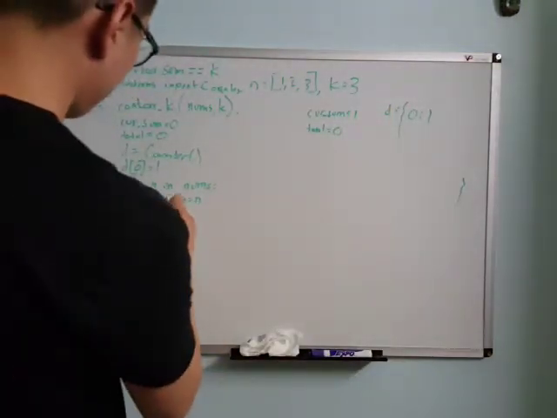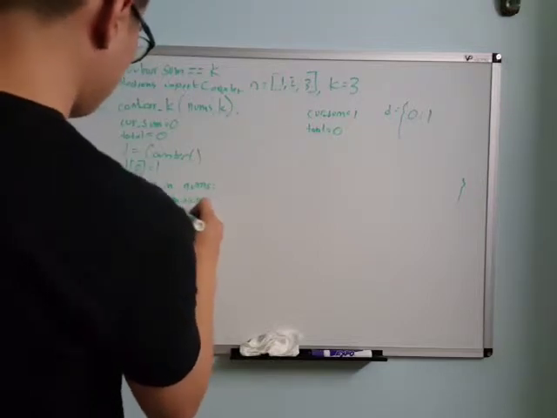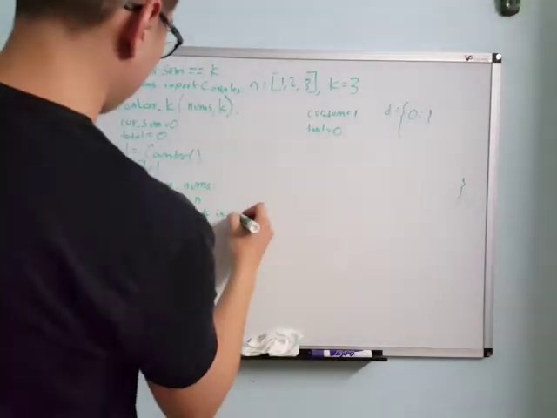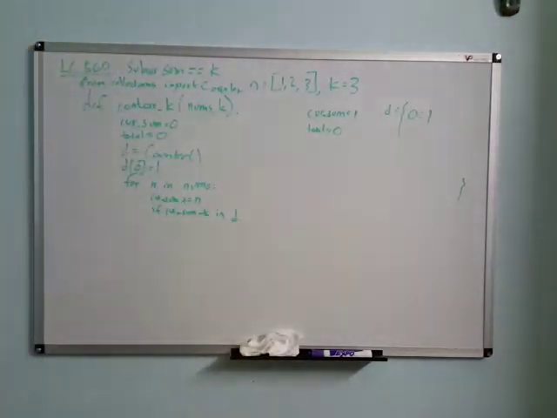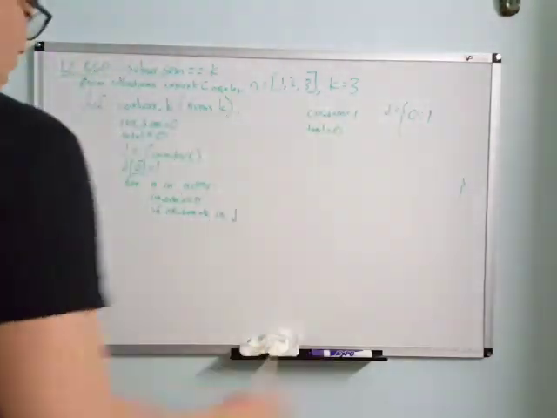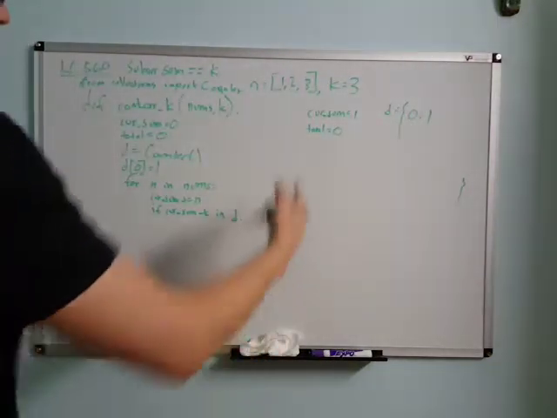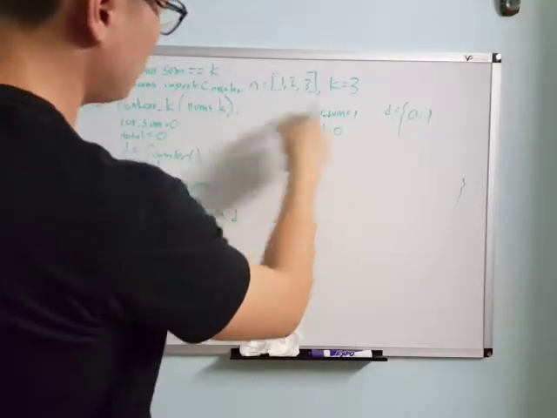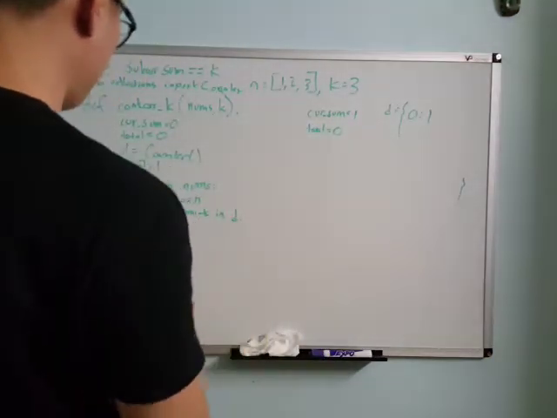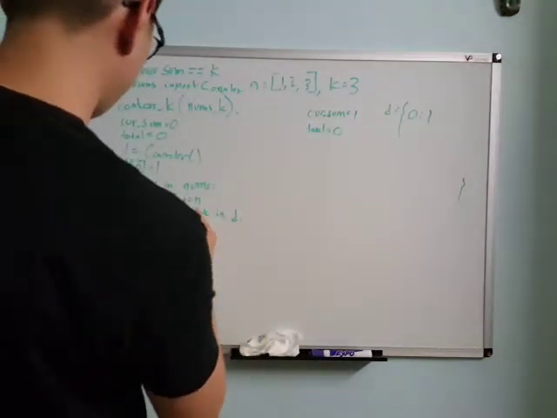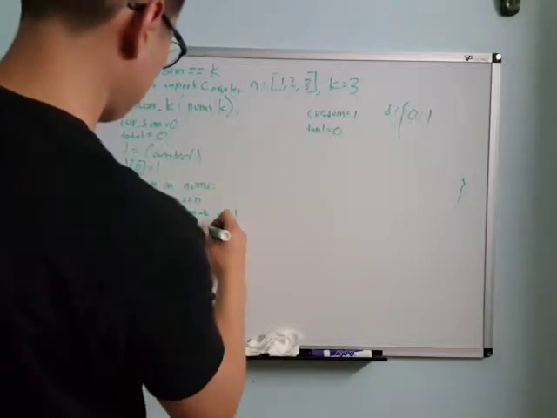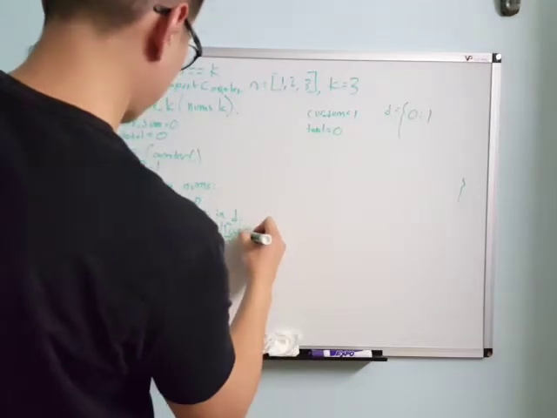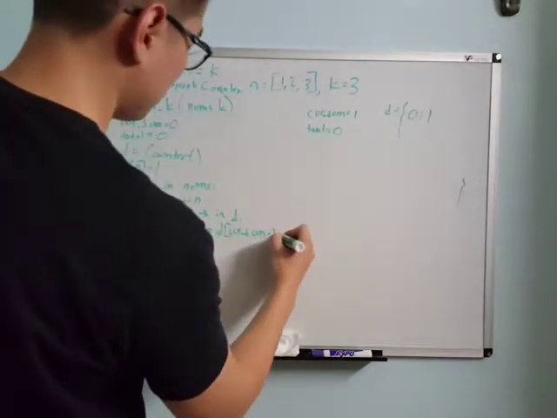So we'll say if cursum minus k in D. 1 minus 3 is not in D, right? But if it was, so if we're at 2, then we would add to our cursum, which would be 3. 3 is in D. So we'll say total plus equals D of cursum minus k.